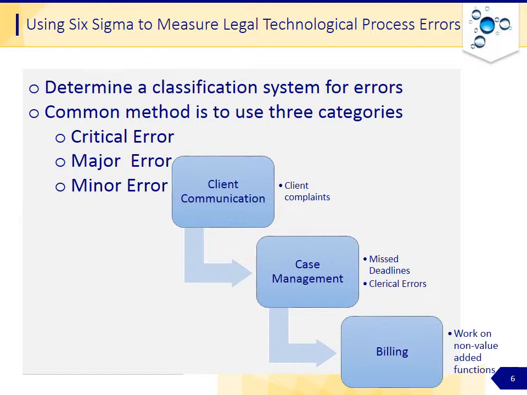It gives you a systematic way to address these particular errors without becoming overwhelmed because you're trying to do everything at once, but also allows you to address the most serious issues first because they have the most serious impact.